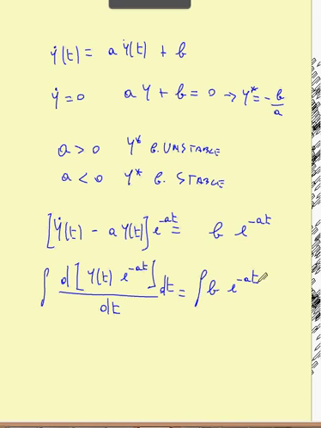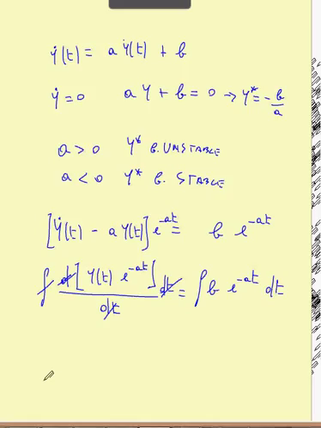The first side is the same. In order to compute the integral, b is a constant, so we can put b outside the integral, okay? Because b does not depend on time. And we need to compute the integral of e to the power of minus at.